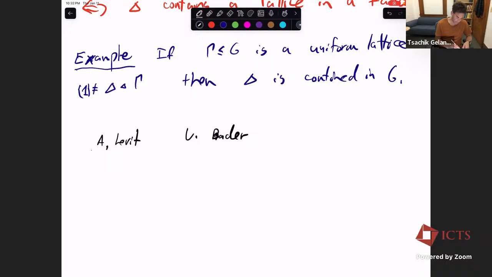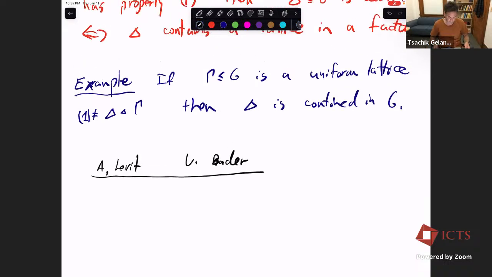One thing that we did, the main motivation, was to extend my work with Tsachik to the case that G does not have property T.